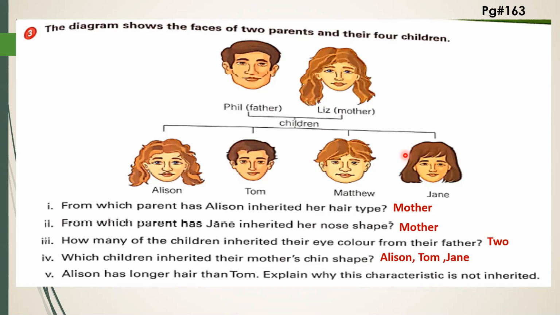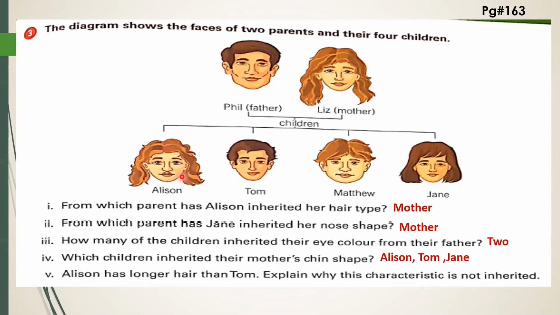Come towards the last statement. Ellison has longer hair than Tom. Look here, he is Tom and he is Ellison. Explain why this characteristic is not inherited. Because this is what is called a continuous variation.